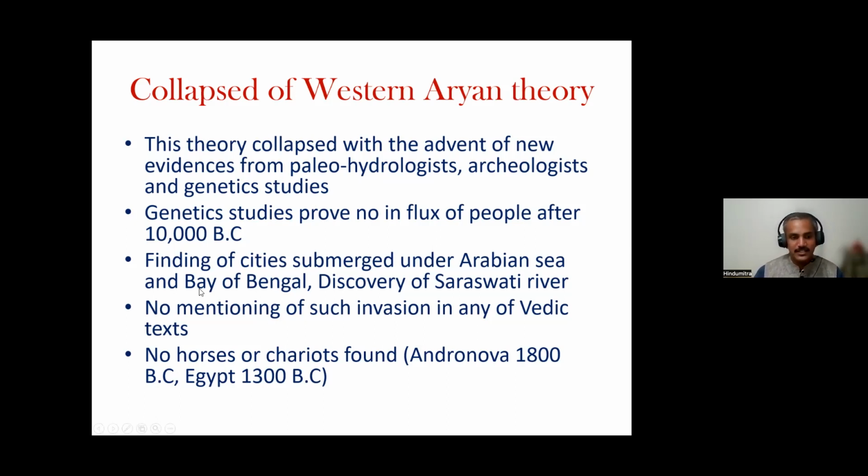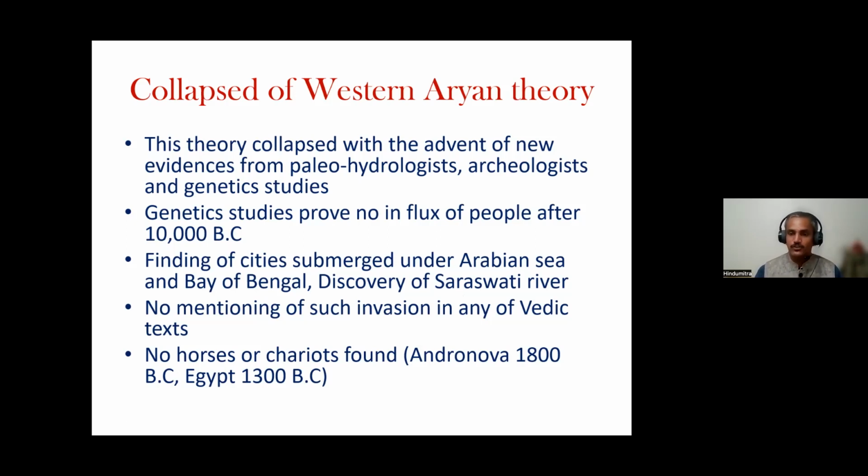The second evidence is the finding of cities submerged under the Arabian Sea and the Bay of Bengal, and the discovery of the Saraswati River. Till even today, Marxist and leftist-leaning scholars portray Saraswati, which is described in the Rig Veda and various Vedas, as just an iconographic figure.